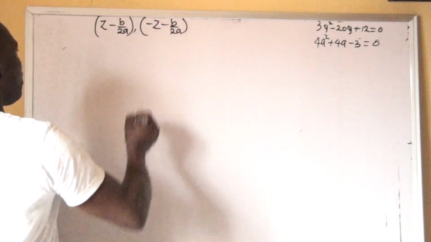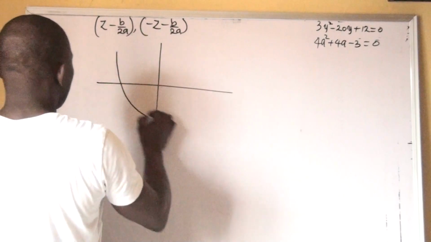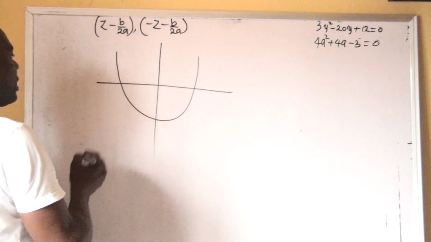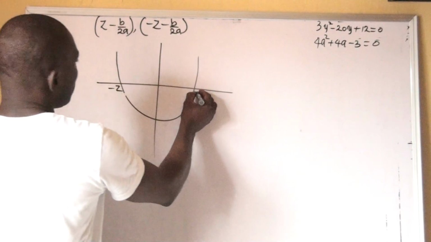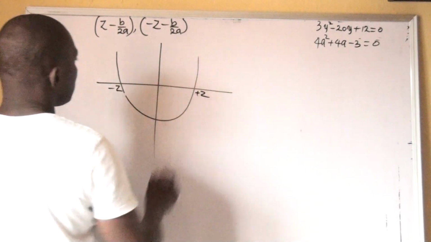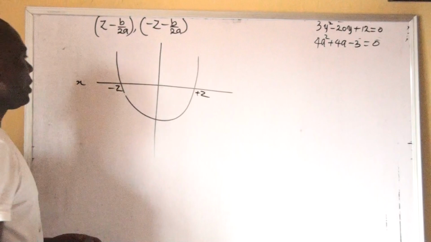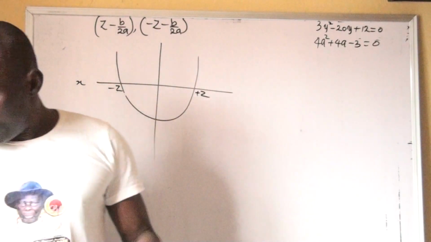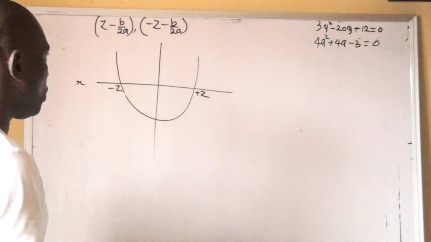He got this idea from the quadratic graph: one root is this and the other is plus z, which is where the curve touches the x axis. So we'll use this to establish the method of solving a quadratic equation.